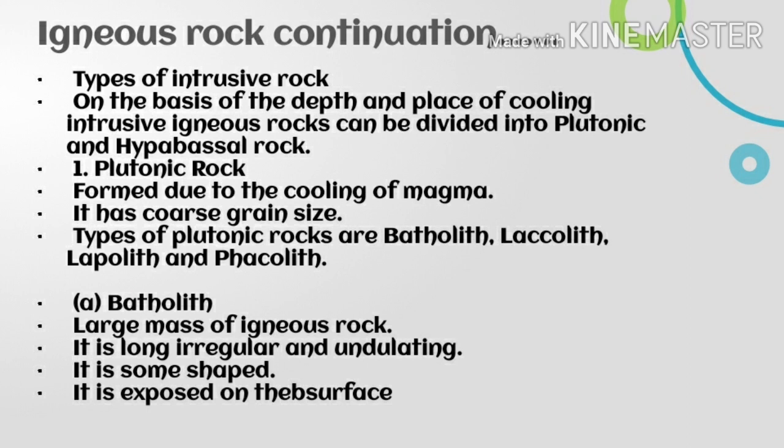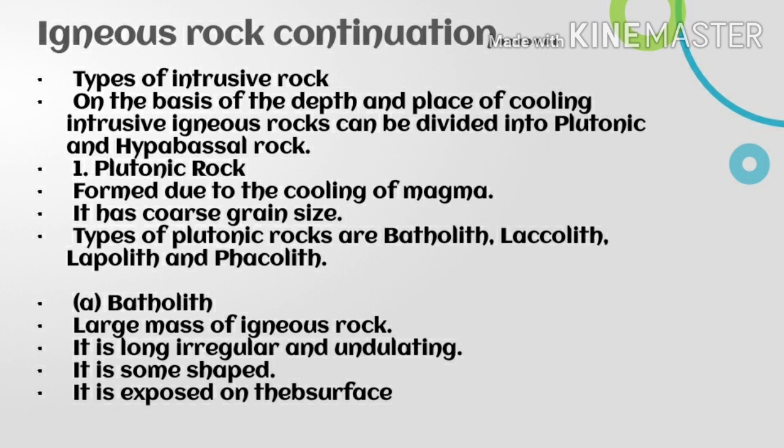Not only that, the size of the rock decides the type of the plutonic igneous rock. So the names of some of the types of plutonic rock are batholith, laccolith, lapolith, phacolith. All these are the names of the plutonic igneous rock, and we will deal with them one by one.